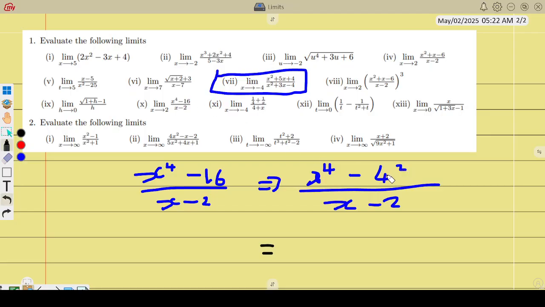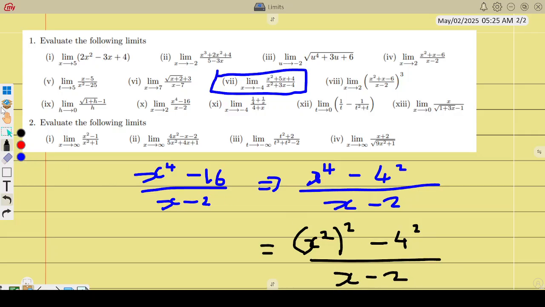Here we'll say this can be written as x, power 4, we can write it as x squared, but it is having another square. According to the rules of indices, a power of a power, you just multiply. So this can be written like that, and then we have 4 squared over x minus 2.